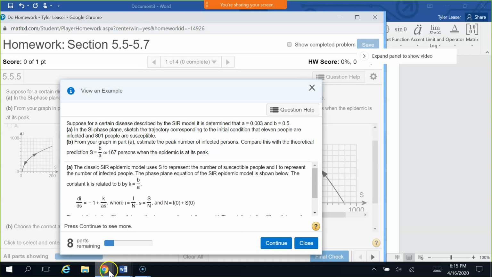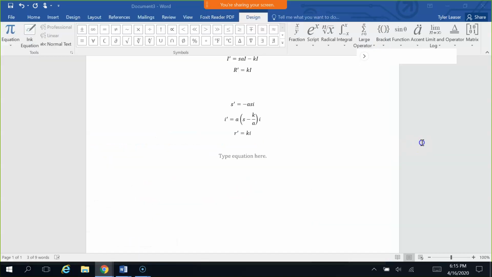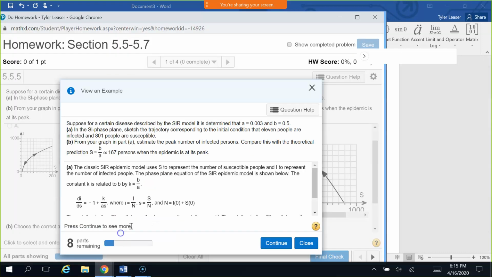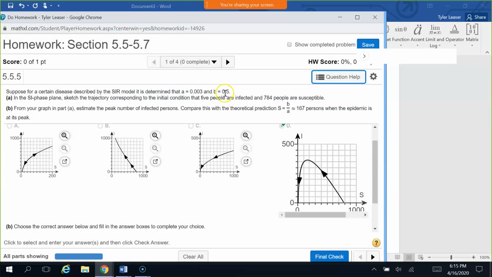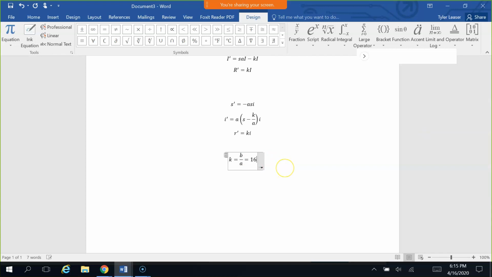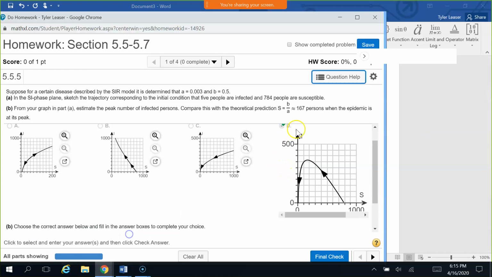Yeah, K is B over A. Which for us, or at least in my example, that B over A, that's the 167-ish. Right?